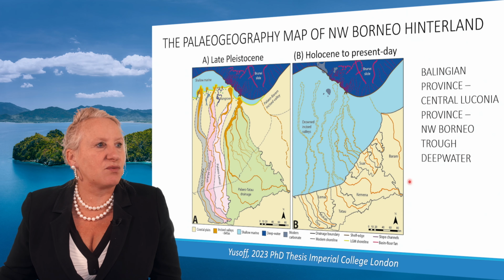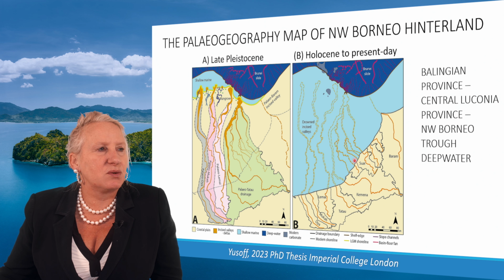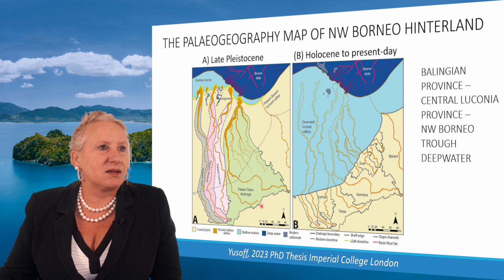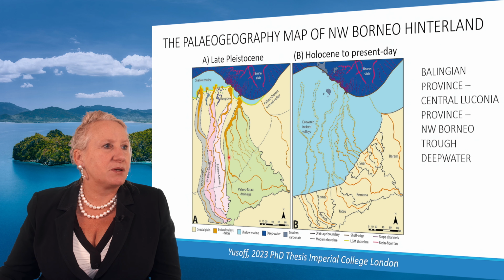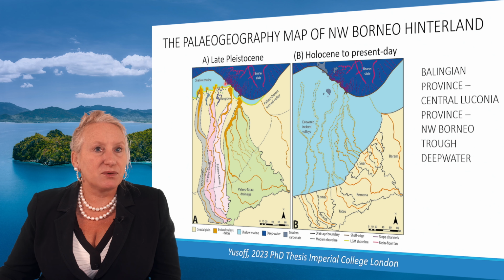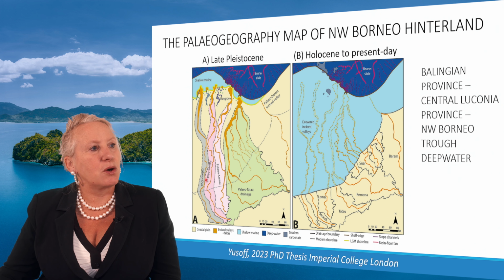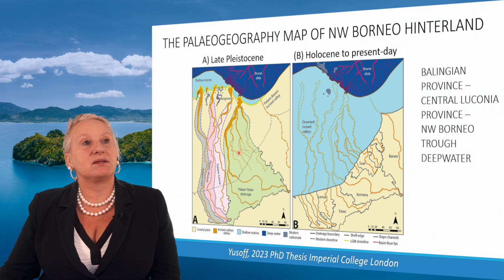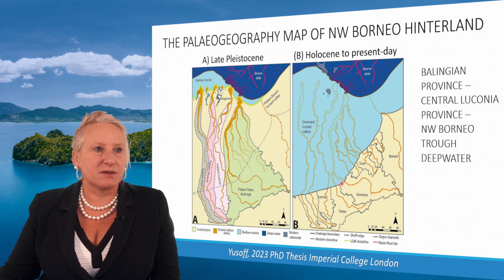This is just to re-emphasize what we just saw. This is our present day Holocene, where everything's flooded. But during the late Pleistocene, about 18,000 years ago, you can see these paleo valleys extended: the Paleo Lupar, the Paleo Mukah, and the Paleo Oya prograding, in this case northerly because of the coastline.